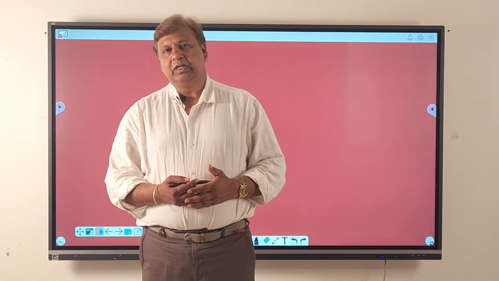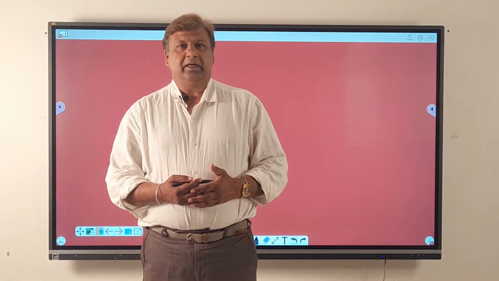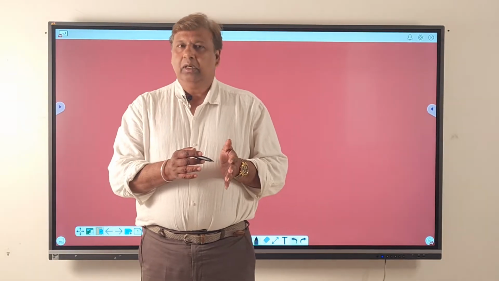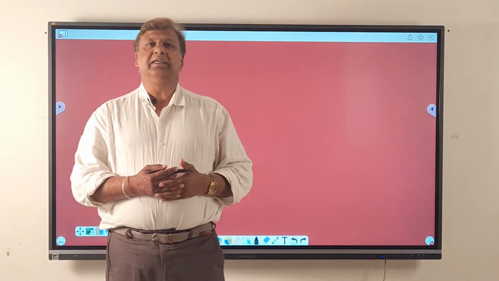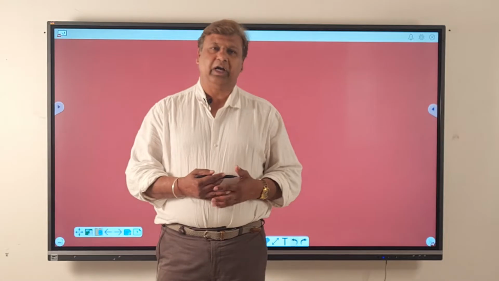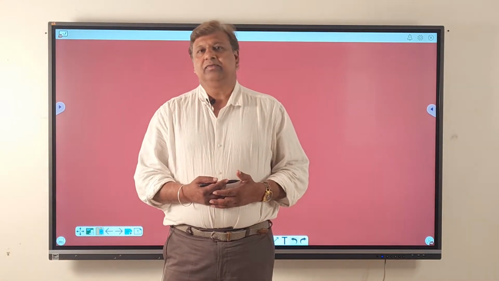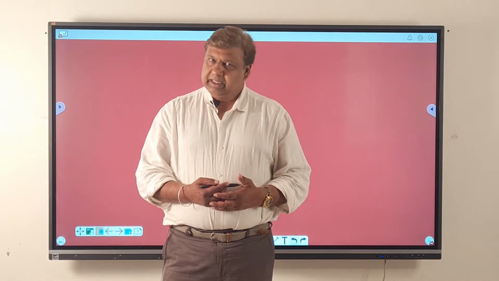Then we learned the meaning of integration: if the integral is considered as a function and we graph it out, what does it mean? Third, we started with simple integration.